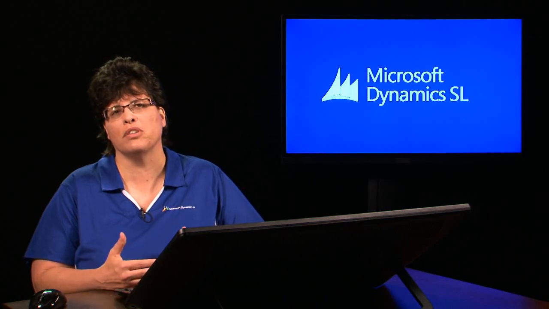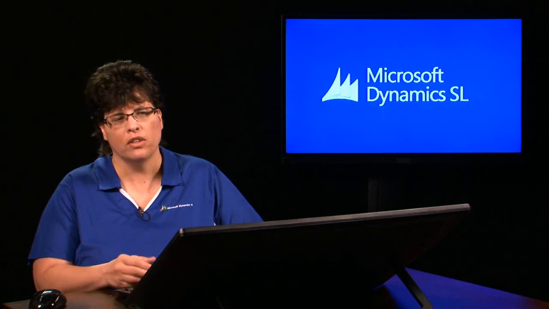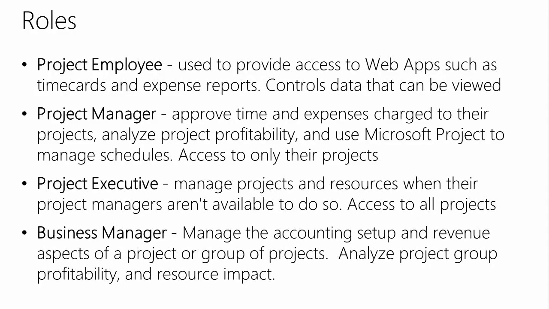So in order to accomplish that, we need to set up roles, or we have roles that exist that help facilitate that workflow. So let's look at some of the roles that we have. We have a project employee, which is the person who enters their time card. Also, everyone who uses the web apps is a project employee entering their time and or approving their time.